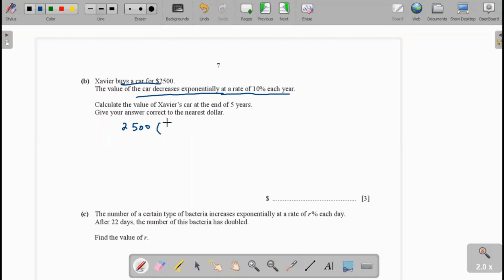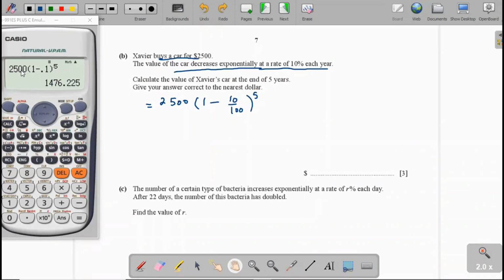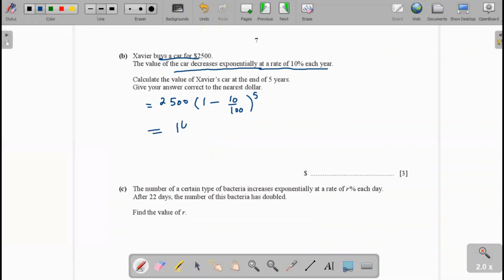Therefore, we write 1 minus 10 over 100, and the number of years it decreases is 5 years. Now we calculate: 2500 multiply 1 minus 10 over 100, that is 0.1, power 5. The answer is 1476.